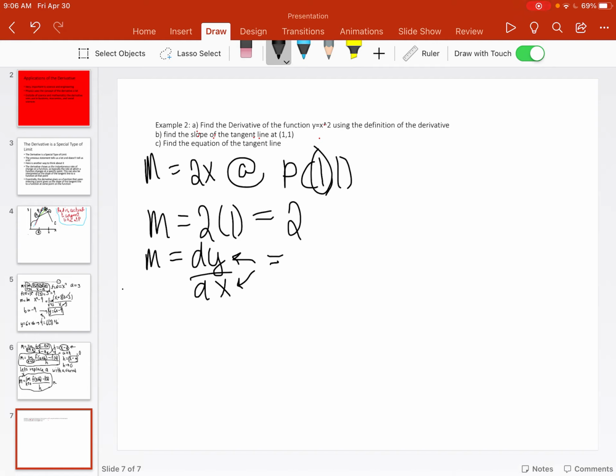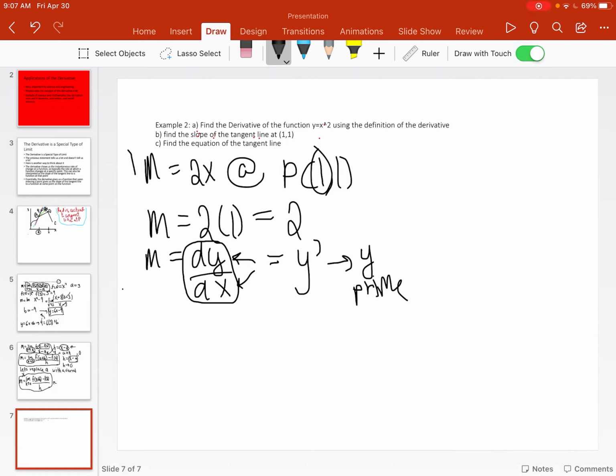And this can in turn be written in short, because this is kind of a tedious thing to keep writing over and over. This can be written as just y with an apostrophe, and we call this y prime. That's how we say it.